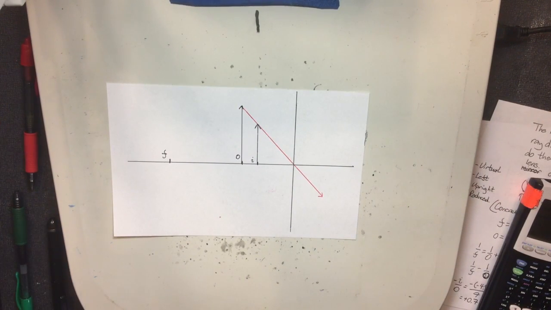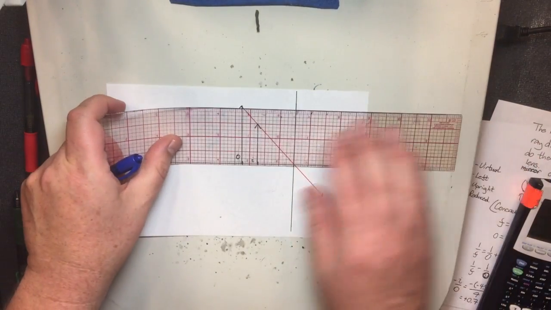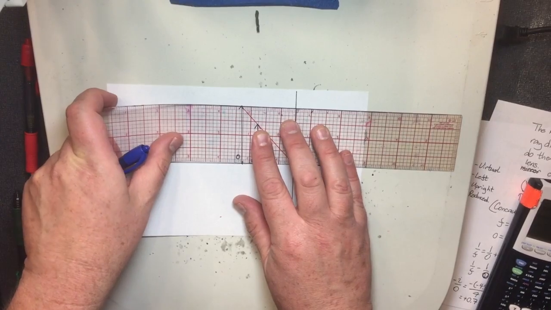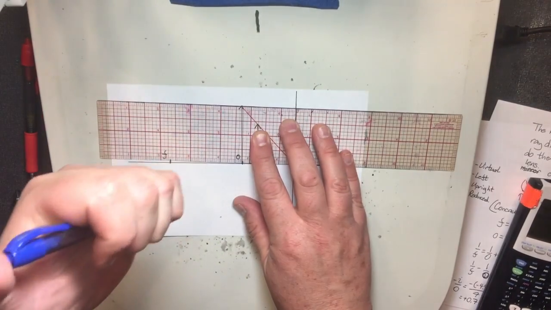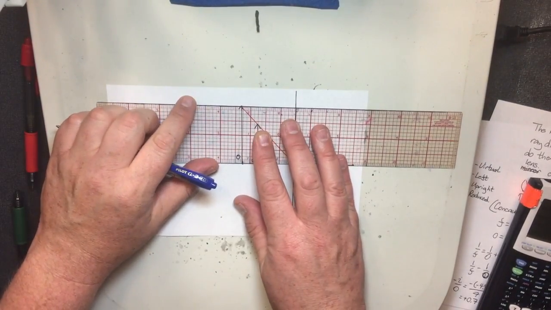The second easy ray is, or I'm sorry, not the third ray, the parallel ray.